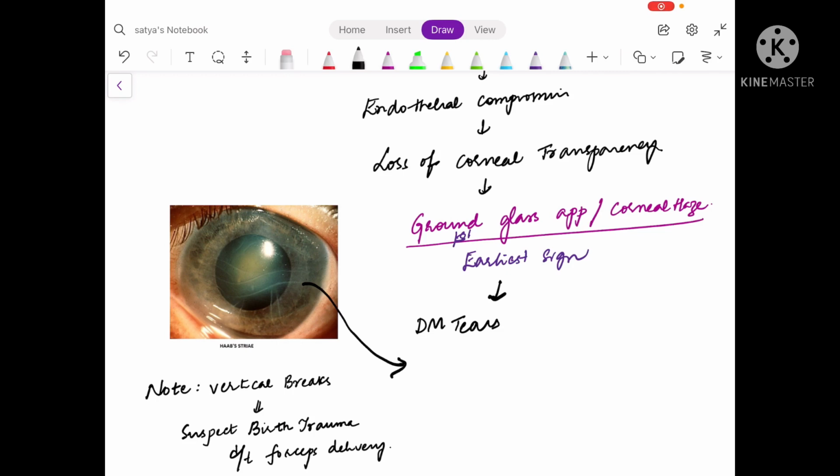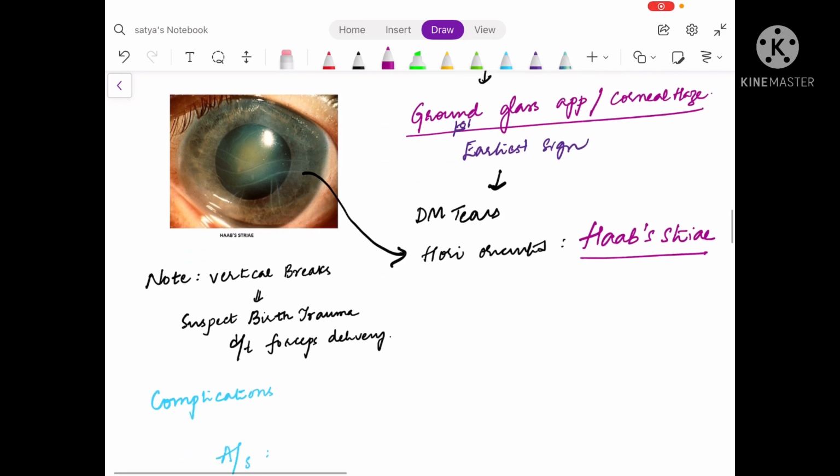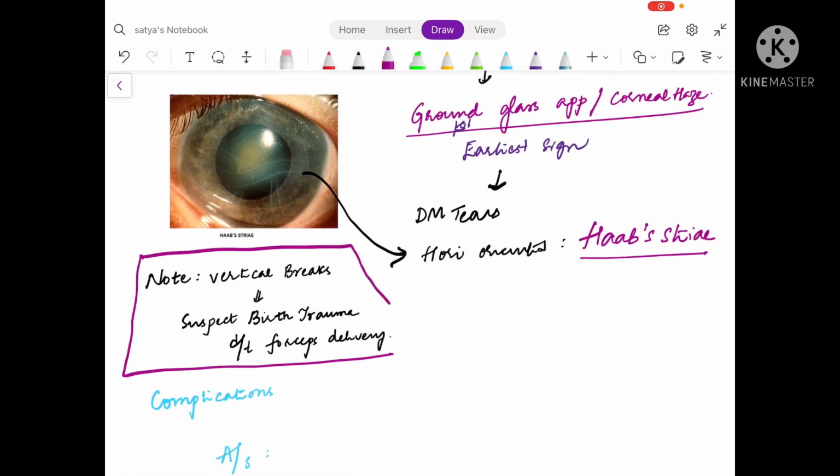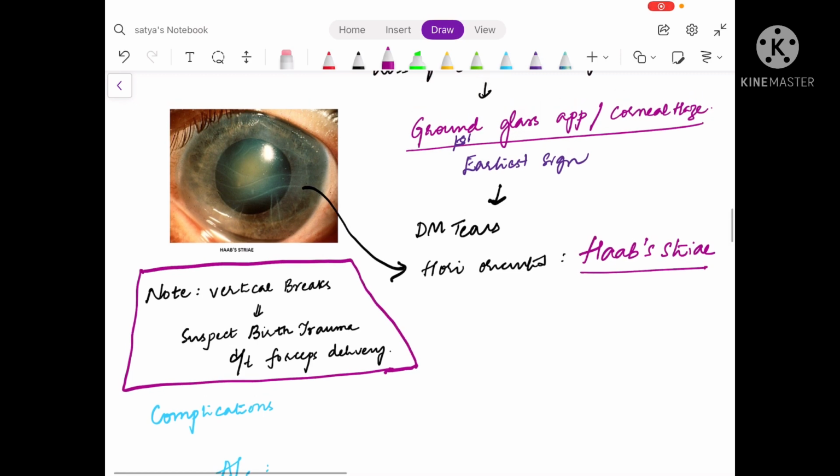These horizontally oriented Descemet tears are known as Haab striae. Here make a note that if the breaks are vertically oriented, suspect birth trauma due to forceps delivery. Haab striae indicate congenital glaucoma.